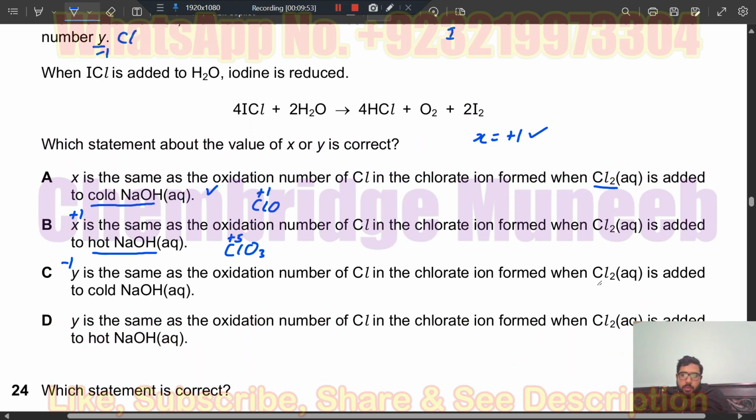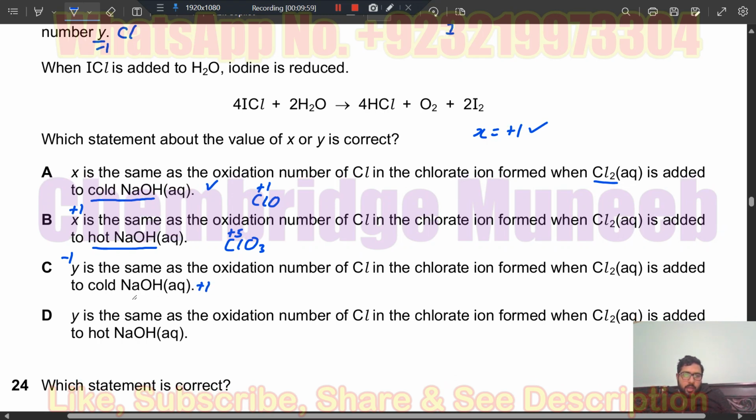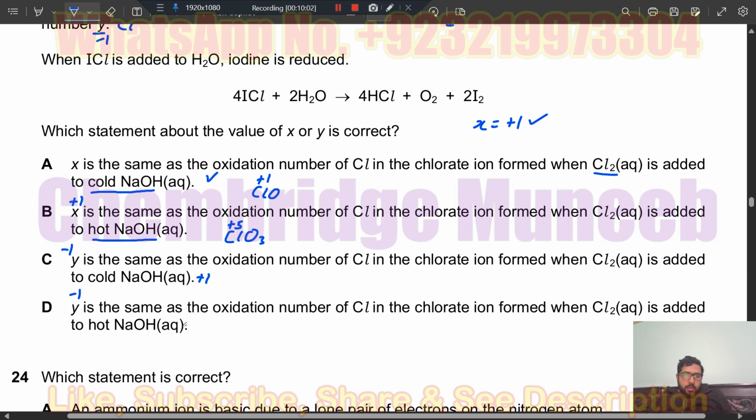However, in the case of cold dilute NaOH, chlorine has +1, so they are not the same. And Y is -1, but in hot concentrated NaOH, Cl is +5. They are not the same.